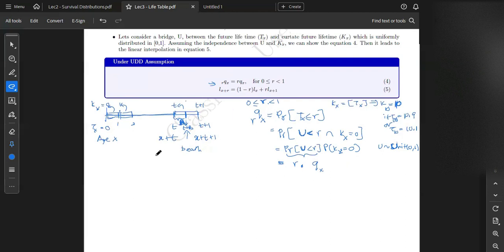If someone wants to find a person at age 20 surviving for 1.5 years, since they are independent, we can decompose it into surviving from 20 to 21 and then 0.5 years. Then apply this 0.5 year death probability. You can find it using the fourth equation.